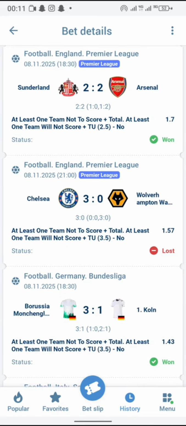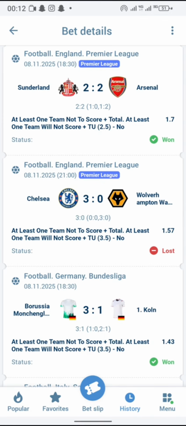Let me still use more examples, because in those ones we had a lot of losses. So now, this is perfect, very perfect. At least one team not to score plus total under 2.5. So as I said, the no option is really interesting.